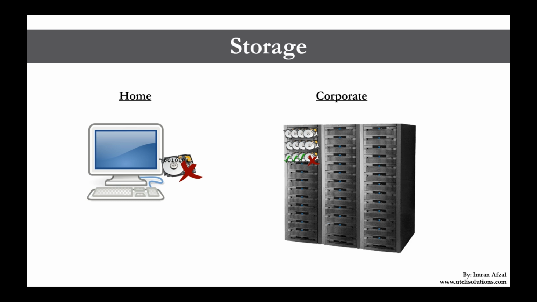What are those terms? I will cover that in a later lecture. And I'm telling you, you really do need to know these things if you are getting into the IT world. So, I hope you understand what storage is on the corporate side, and we will cover much more detail in the later lecture. See you in the next lecture.